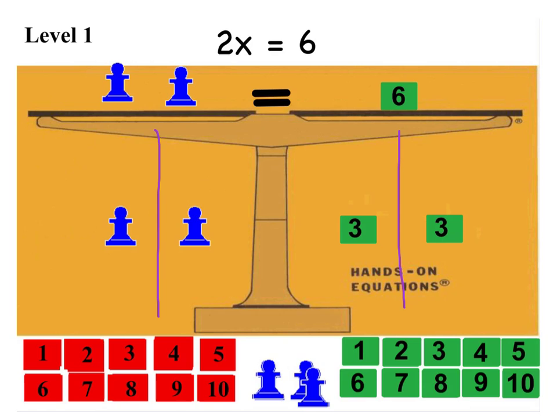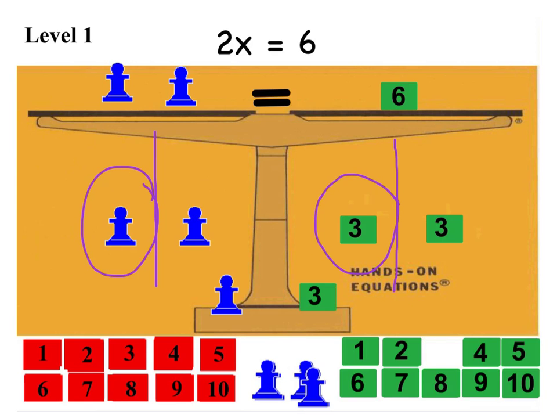My 6 is split into two groups with 3 in each. Now, what this means is one group from the left side has to equal one group from the right side. So what that means is 1x has to equal 3.